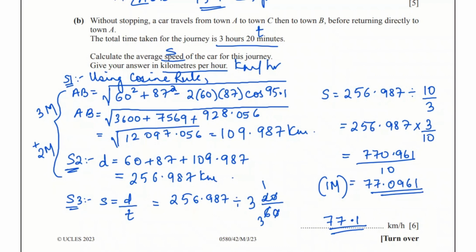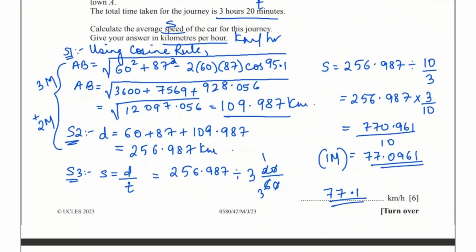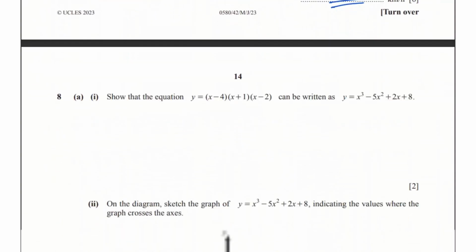Using the cosine rule, calculating the value of AB, then finding out the total distance, all this carries 5 marks and 1 mark to substitute these values into speed and calculating the speed. Be careful while writing answers.